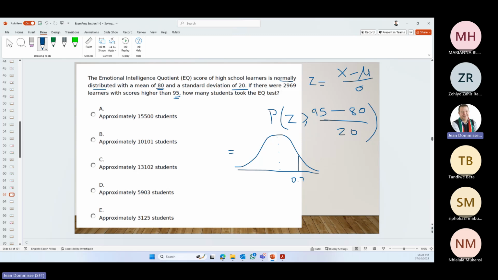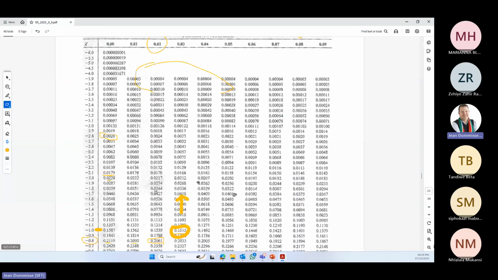So we want to work out the probability that Z is bigger or equal to 0.75, and so we want to work out that area. We could have said, go to the negative table and see what minus 0.75 is. So let's do that. Minus 0.75.